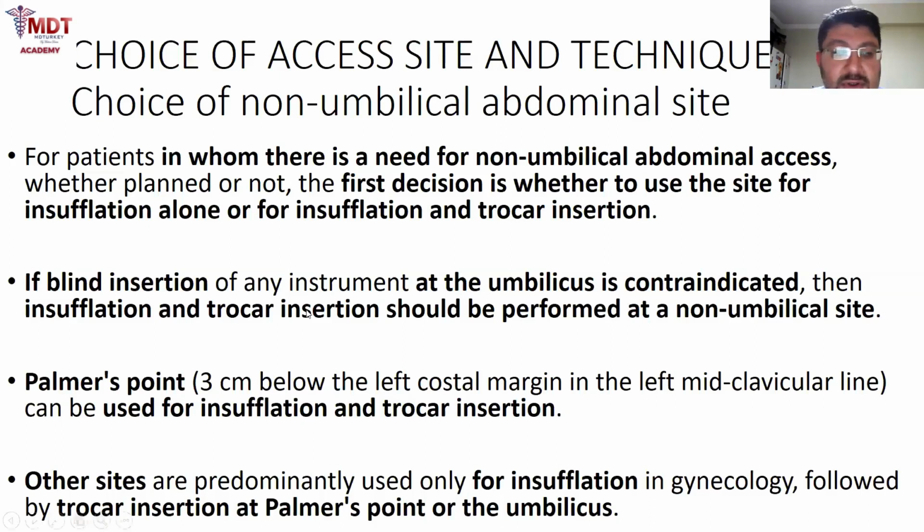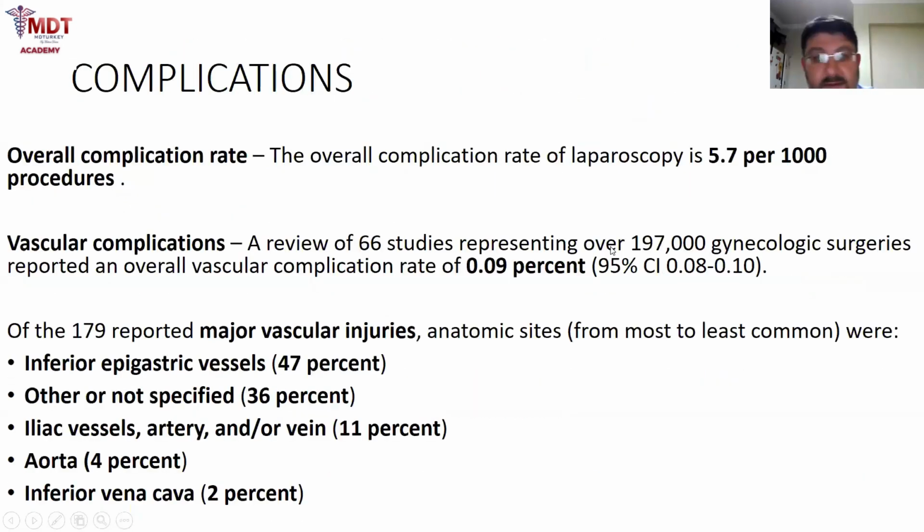The most used site is Palmer's point, which is 3 centimeters below the left costal margin in the left midclavicular line. So we can use this point for insufflation and trocar insertion also. Most of the other sites are used just for insufflation, followed by trocar insertion at Palmer's point or the umbilicus.